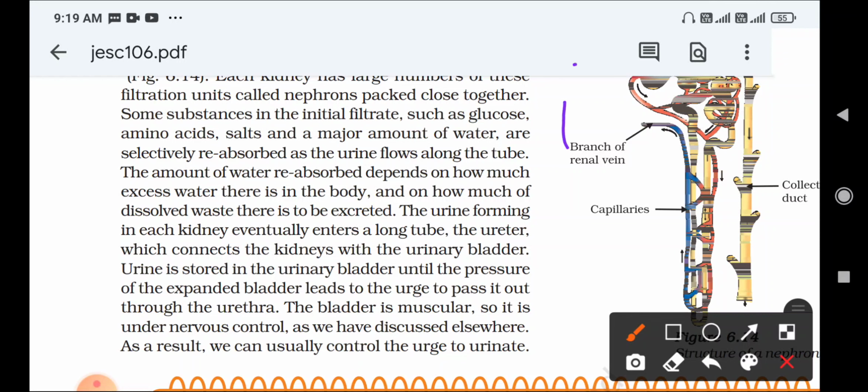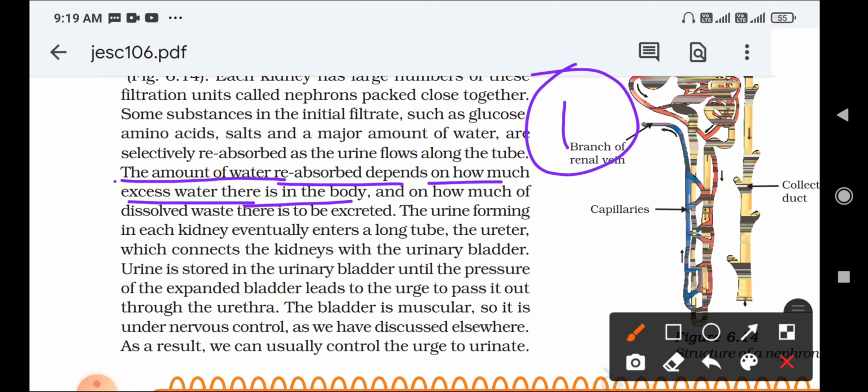How is water absorbed in the kidney? There are two conditions. First, the amount of water reabsorbed depends on how much excess water there is in the body. Depending on how much water our body has, the kidney will reabsorb water from the urine.